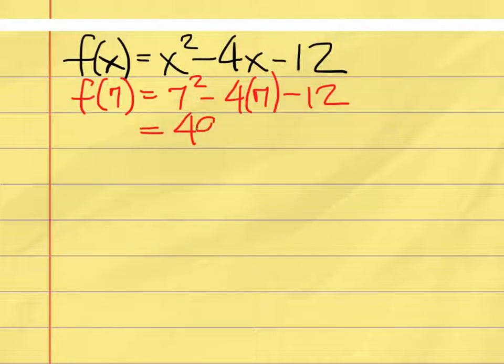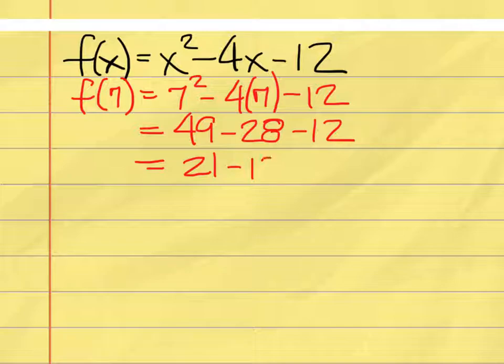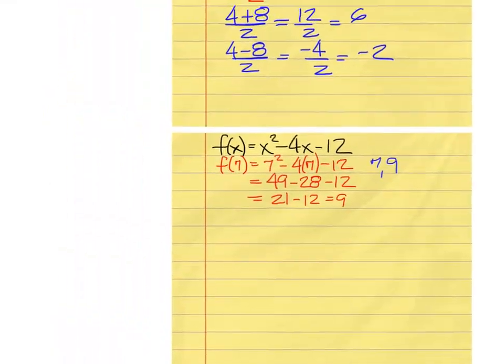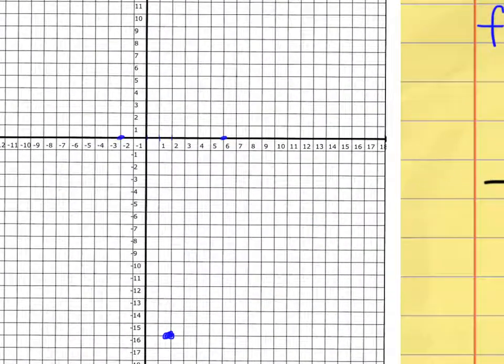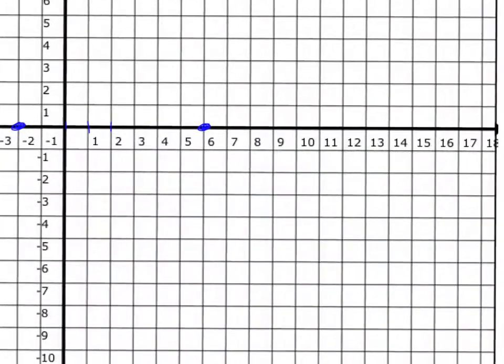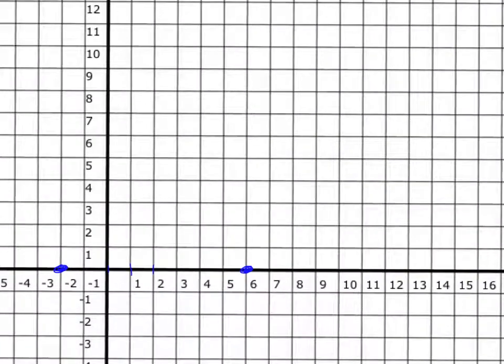That's 49 minus 28 minus 12. 49 minus 28 is going to be 21, minus 12 is 9. So that gave us a point of 7, 9. And we have to find that on the graph. 7, 9. So we go over to 7 and then up 9. There's the point.